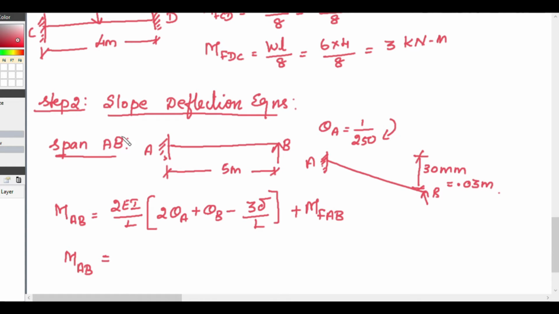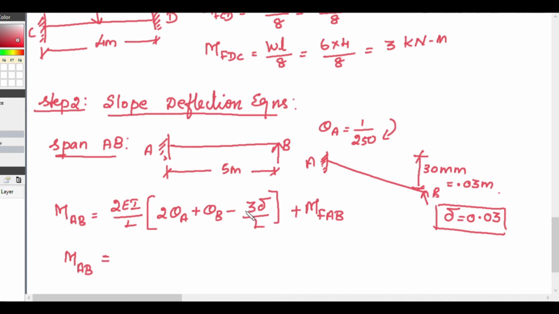So for the span AB, our value for delta will be equal to 0.03 meter. That means for the span AB, you have to consider from A to B. From A to B, this is settling downwards. Since it is settling downwards, there is already one negative sign.